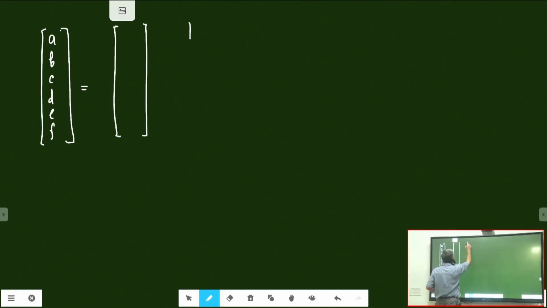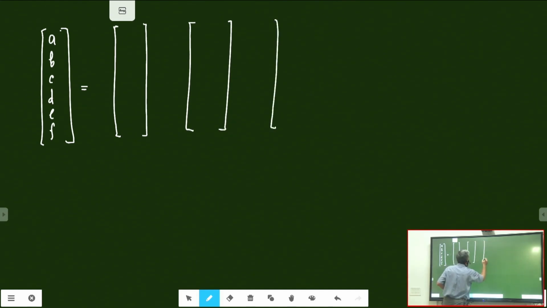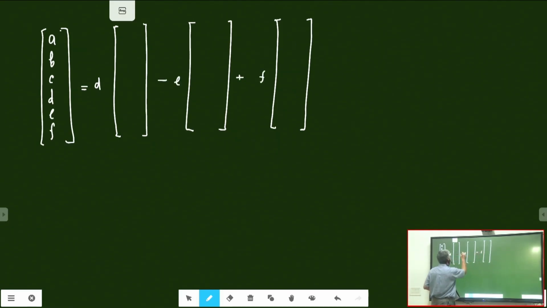So I will draw 3 placeholders here for vectors. And in front of these vectors, I will put coefficients D, E, and F, plus, plus.